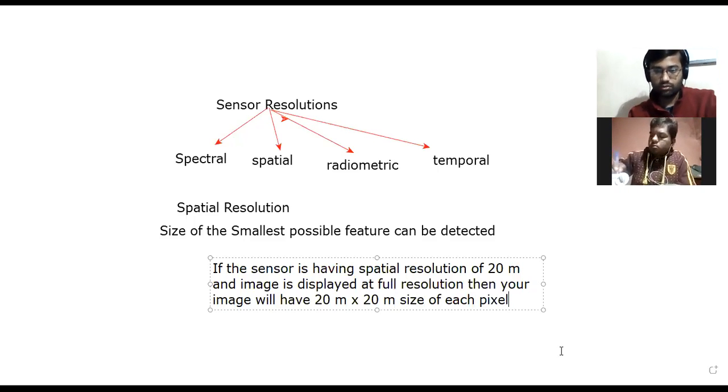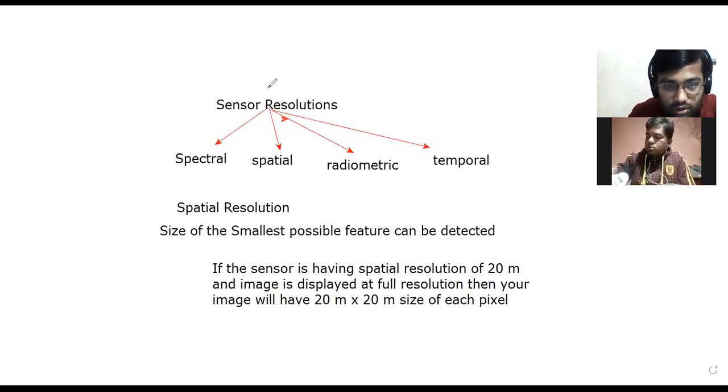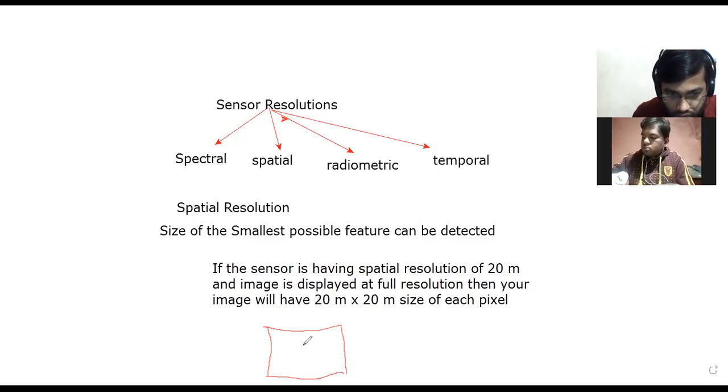Let's say if your sensor is having 20-meter spatial resolution, and your image is displayed at full resolution, in the photograph, which is divided into a number of pixels, you know that, the size of each pixel will be 20 meter by 20 meter.